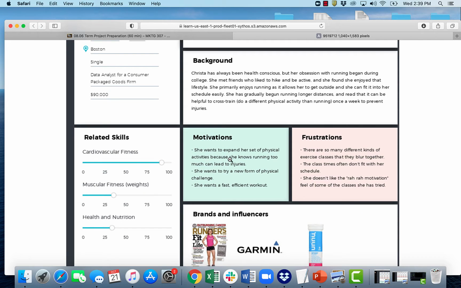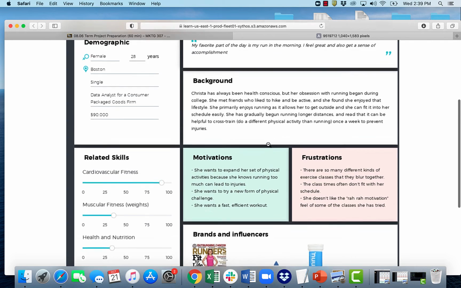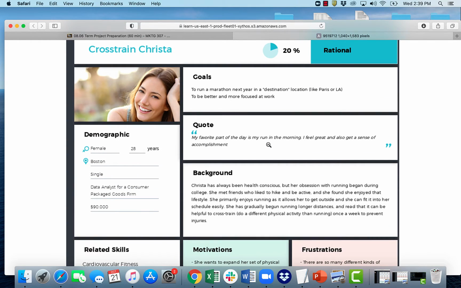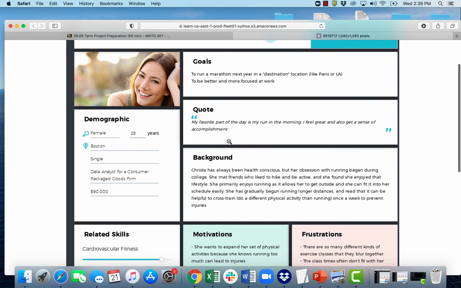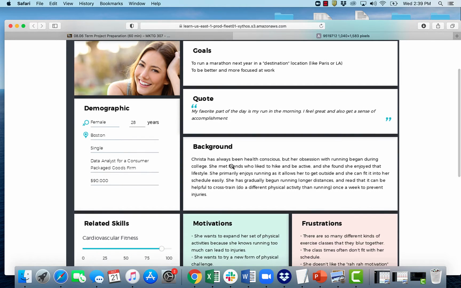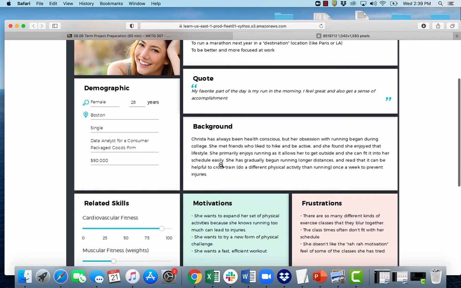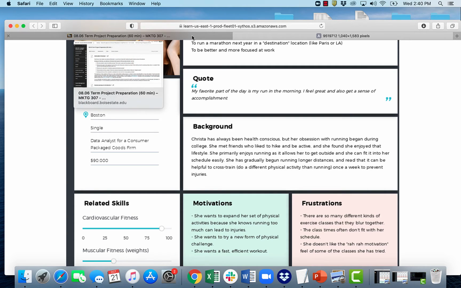And the decision that she's going to make has to do with cycle bar, but we'll come back to that in a second. So she's looking for something to do for cross-training purposes. She has a hazy idea about what she might want to do. And what this persona does is it makes her, cross-trained Krista, more concrete, gives a little bit more background so that you can start to empathize with her when she walks through this decision journey. So that was Deliverable 1.